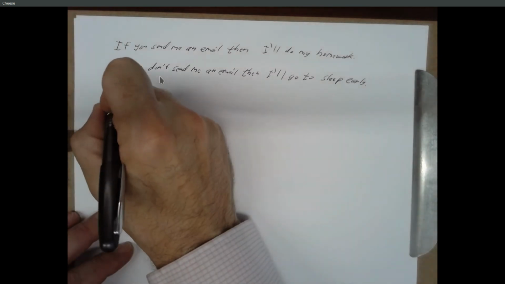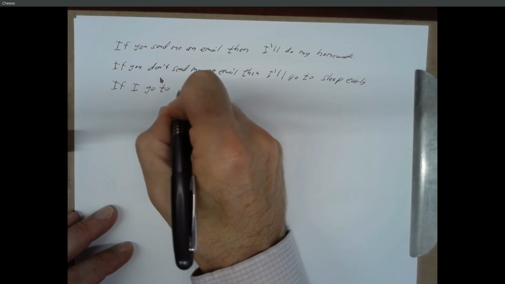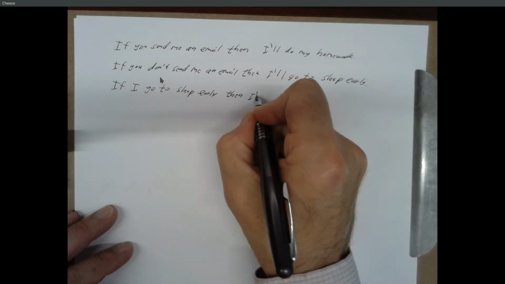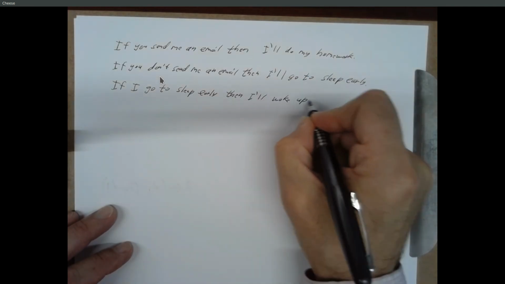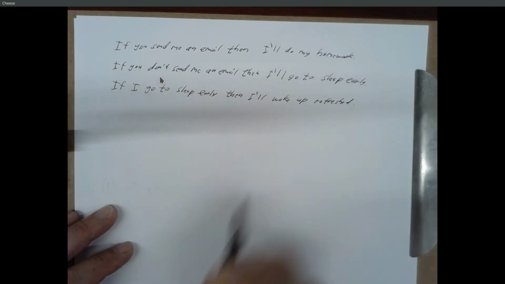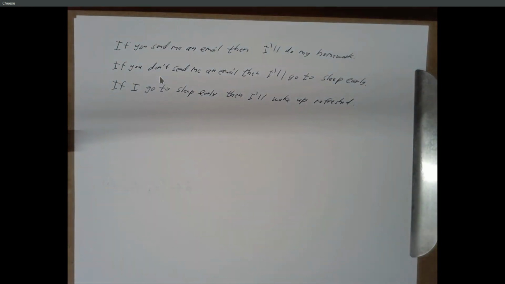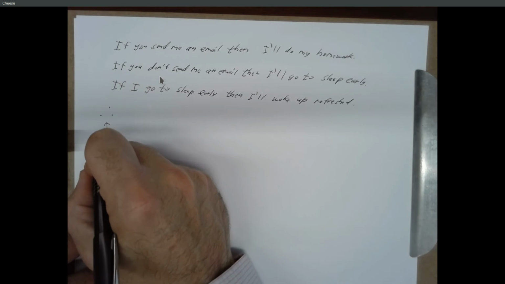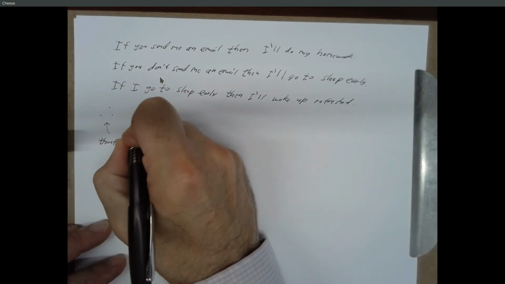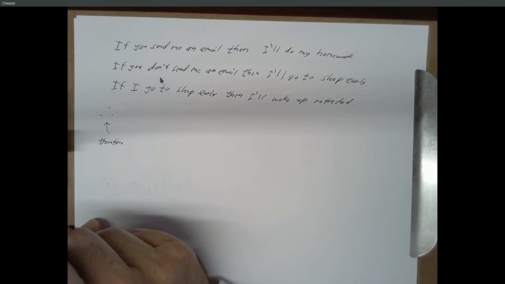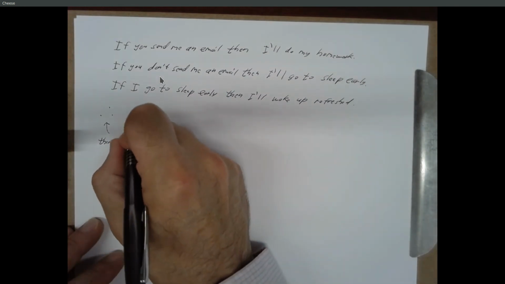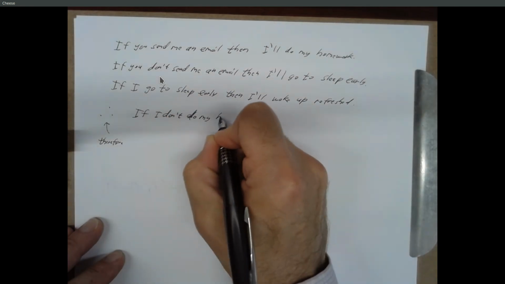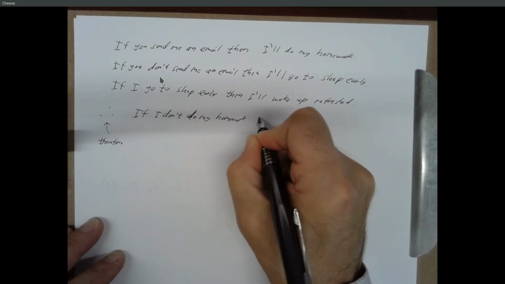If I go to sleep early, then I'll wake up refreshed. Therefore, and we can write 3 dots to mean therefore, if I don't do my homework, then I'll wake up refreshed.